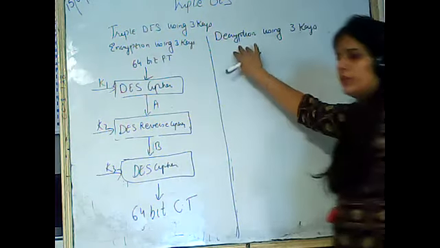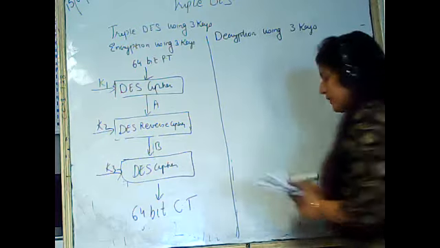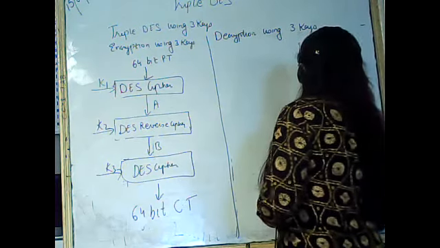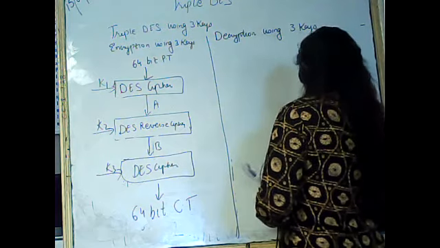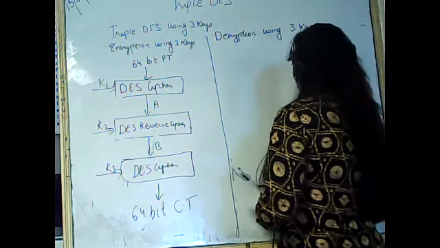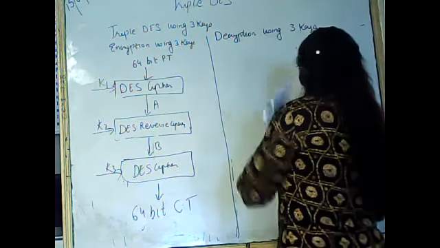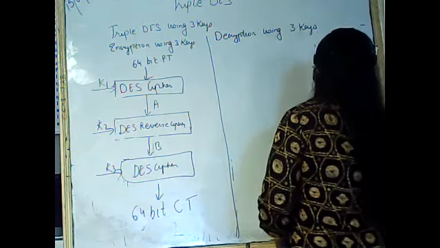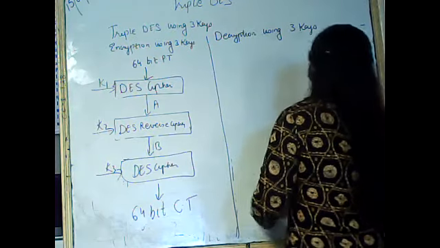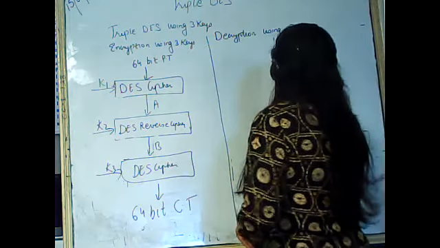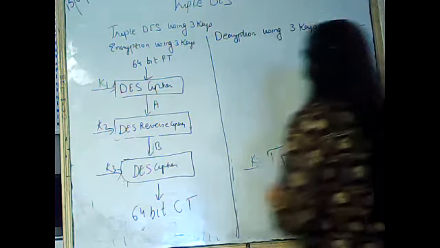Now we will go for the decryption part using the 3 keys. Here we start from the bottom, where the 64-bit ciphertext is available to us, and we perform the DES reverse cipher using key 3.